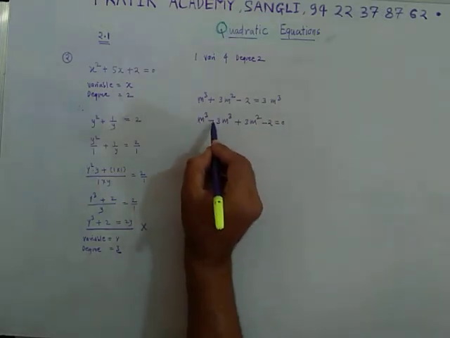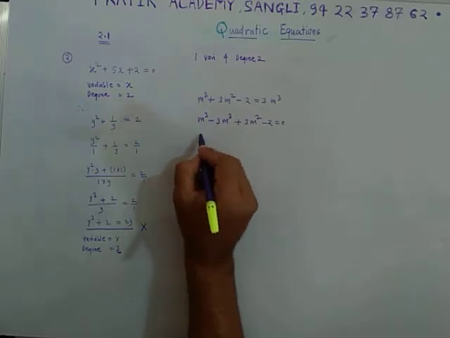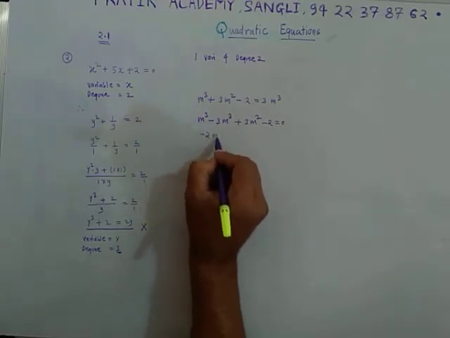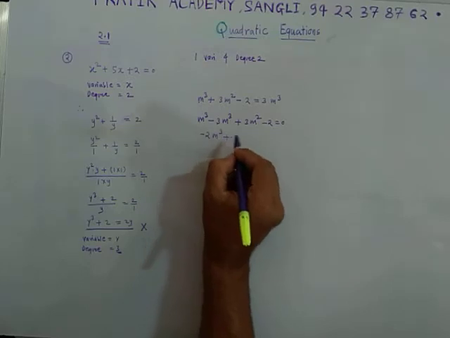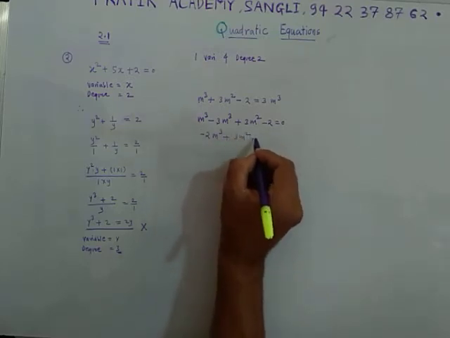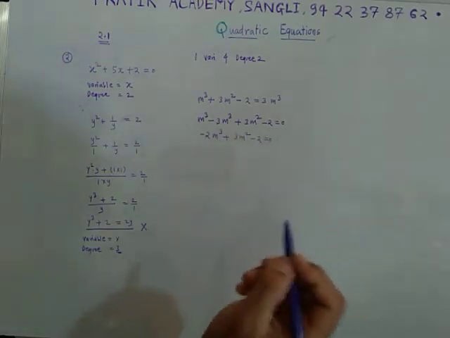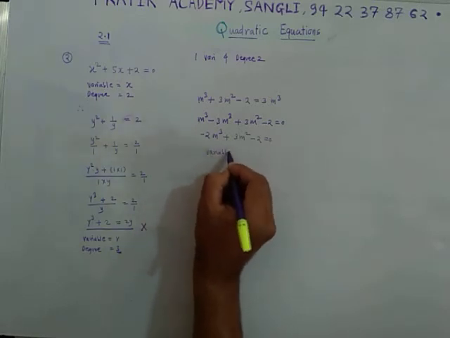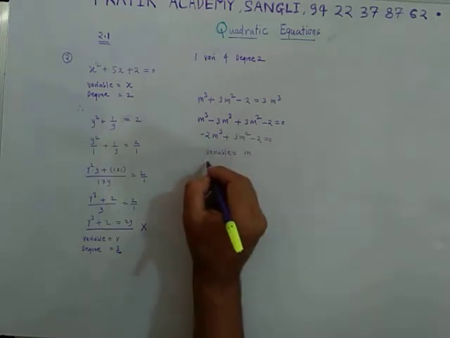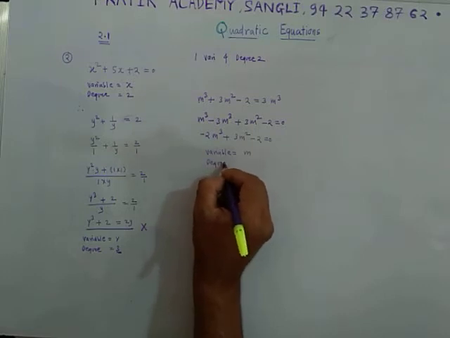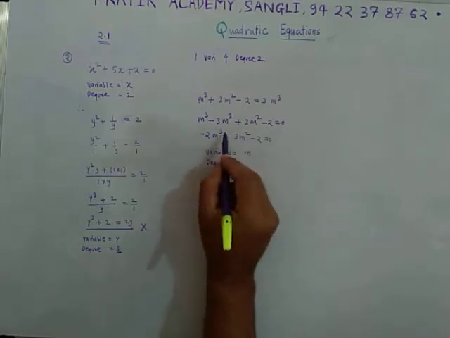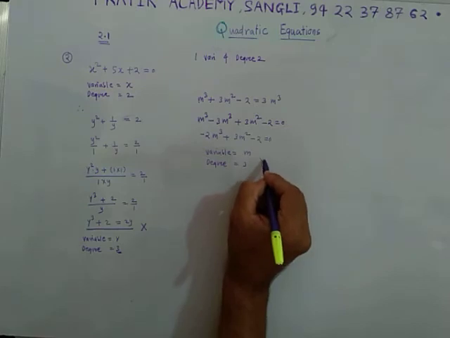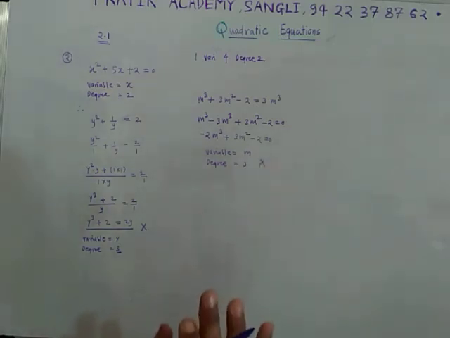So m cube minus 3m cube will be minus 2m cube plus 3m square minus 2 equal to 0. The variable is m, but the highest degree is 3. So this is not our quadratic equation.